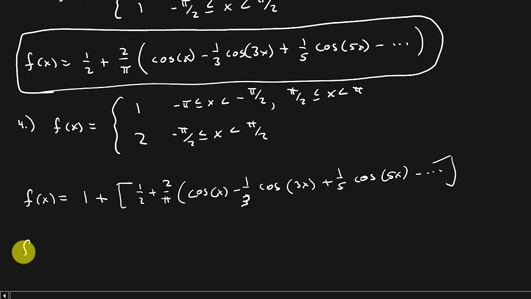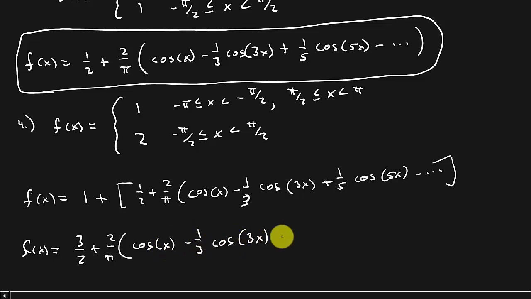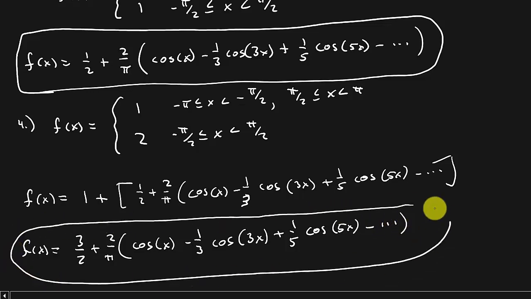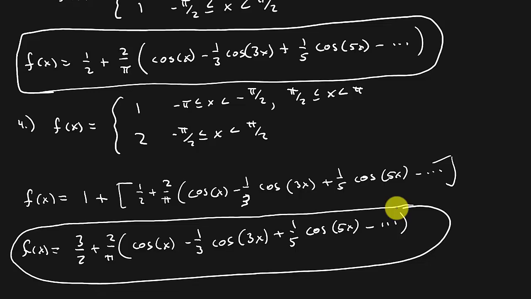And so this would give us f of x is equal to 1 plus 1/2 is 3/2 plus 2 over pi times cosine x minus 1/3 cosine 3x plus 1/5 times cosine 5x minus... Well, we'll just use a parenthesis, and there's your answer. So that was the point of these two examples, to show you that you could do that.